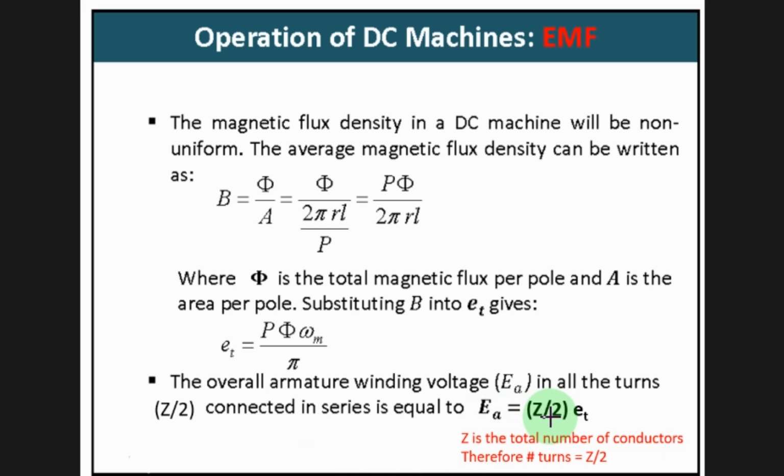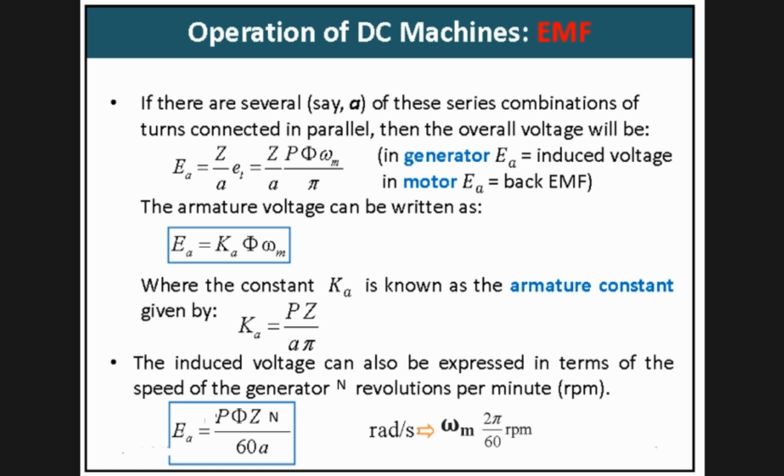So then if you substitute E_T here, you get Pφω_m over 2φ, because 2 is coming here, and then Z. So PZφω_m over 2φ, right?